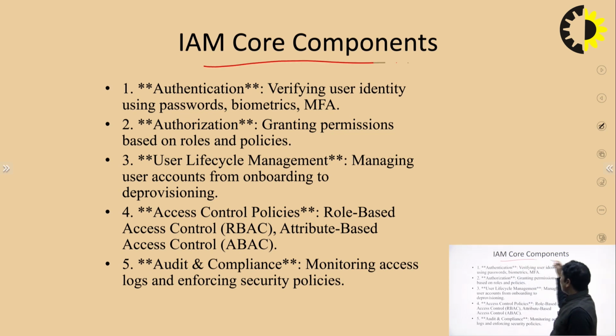IAM core components. Authentication: I have already told you how to verify authentication, by the ID card, by the password, by biometrics, by the multi-factor access method. Okay, multi-factor access means, like in a bank ATM, the first level of authentication is by the ATM card.